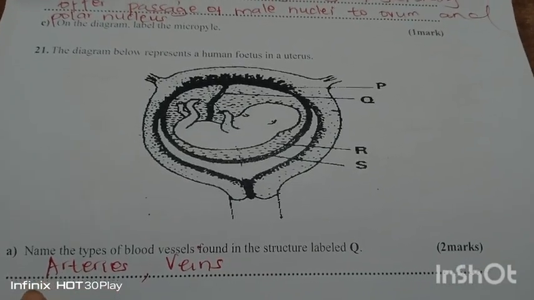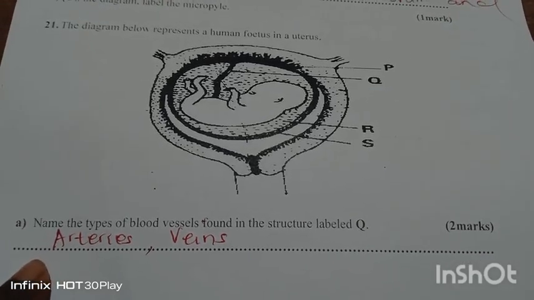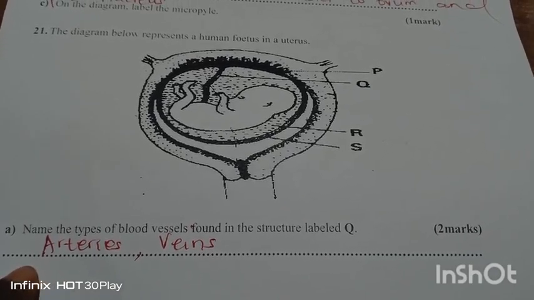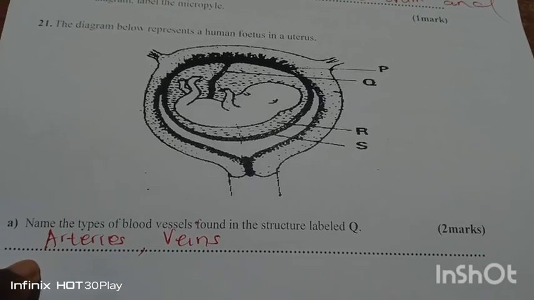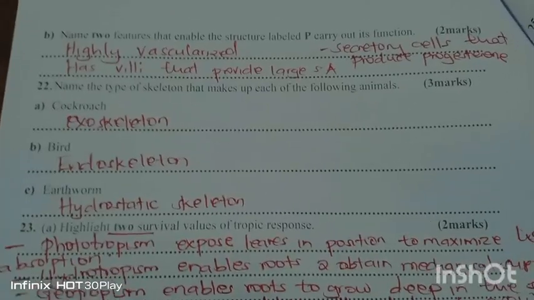So the diagram below represents a fetus in the uterus. You are asked to name the types of blood vessels found in the structure labeled Q. It has an artery and a vein. Then you are asked to name two features that enable structure P to carry out its function.